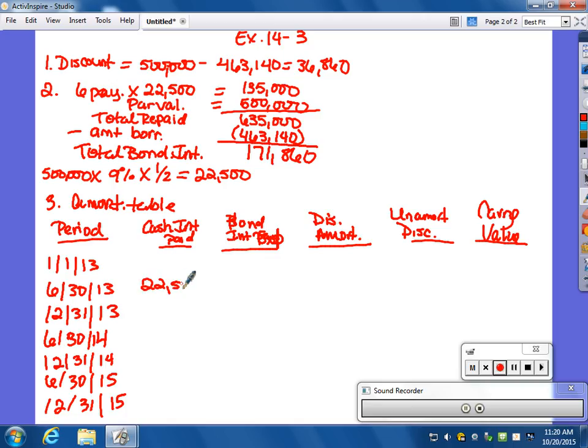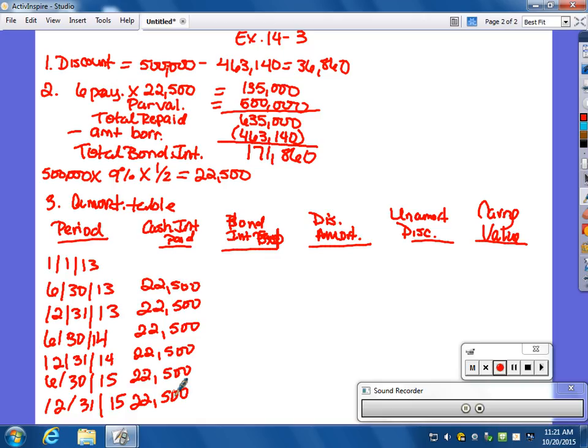So 22,500 for each of these years. And then the bond interest, that's what changes.